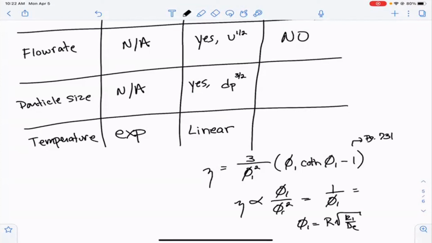So this essentially means that this is just equal to the square root of the effective diffusivity over K1 times 1 over the radius. So if that's true, then our effectiveness factor is definitely influenced by the temperature, right? Because it's K1, and that's exponentially dependent on temperature. And the square root of the exponential doesn't really affect anything here.